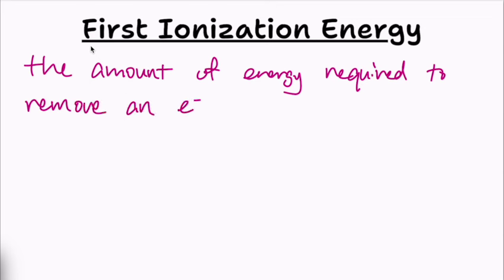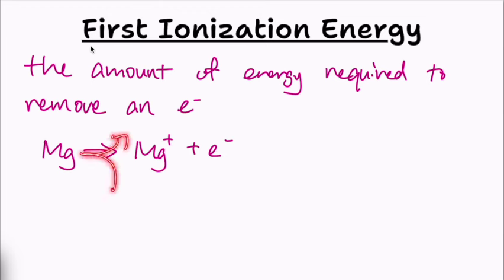If I want to remove an electron from magnesium, then magnesium converts into magnesium plus and an electron. A lot of people think, oh, this is gaining an electron because you have a plus electron, but that's not true. It means magnesium is going to split into 2 parts: one is the electron, and the other is the magnesium cation.